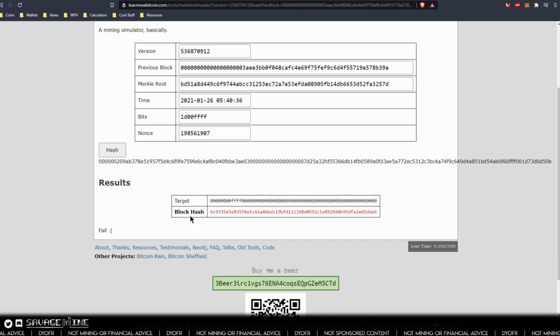And that's how eventually you will come up with a solution, hopefully faster than any other miner on the network. You're going to come up with a solution that is below the target difficulty. So hopefully that makes sense. I'm doing this super slow, obviously, but it's happening millions of times a second in your computer or in your mining rig.